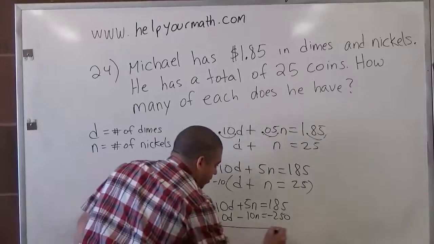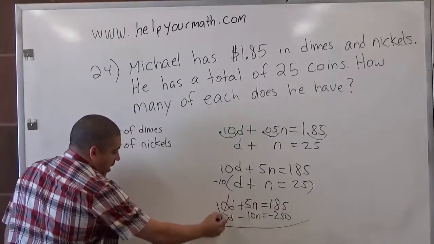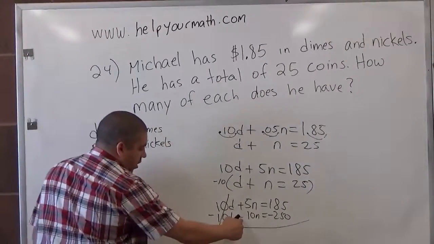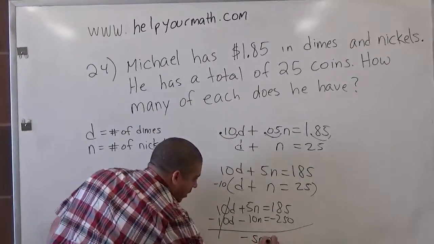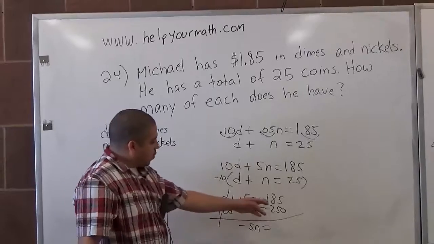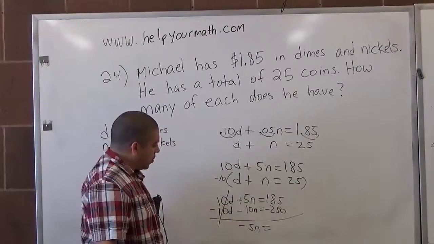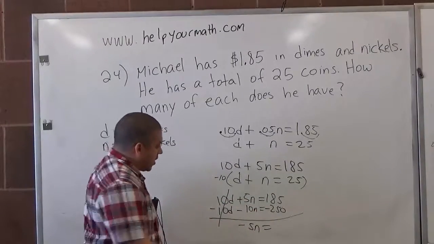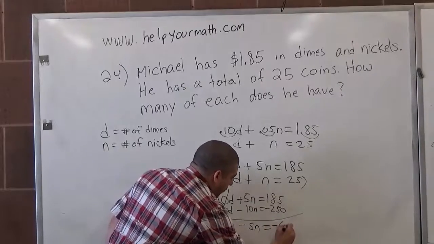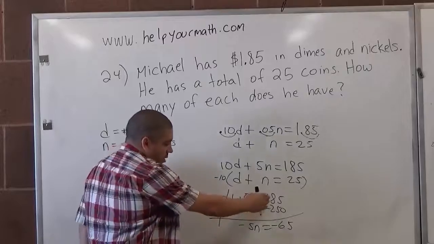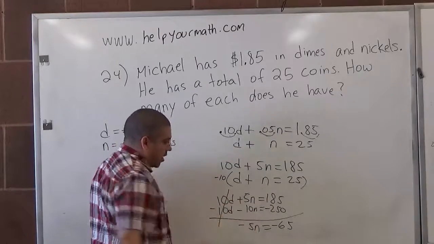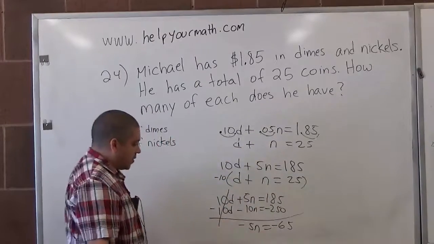And then when I add them, now this D cancels. And over here, a positive 5 and a negative 10 is a negative 5N equals, and a positive 185 and a negative 250, when you combine them, you're going to get a negative 65. There are different ways to add these, but the idea is you're adding positive 185 and subtracting 250, and you should get a negative 65.